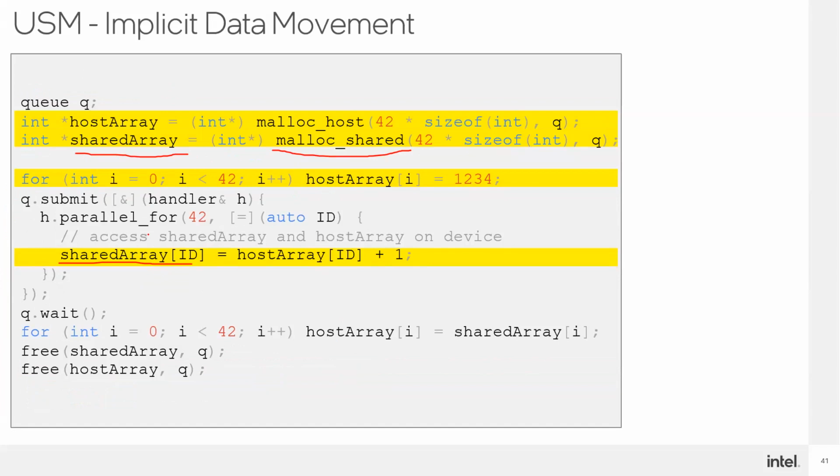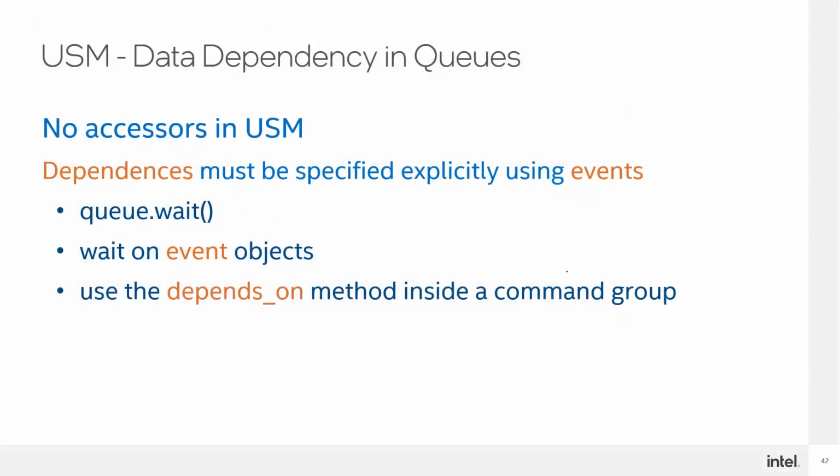So you don't need to block after memcpy, and that's why the code is simpler and there is more the runtime is doing for you than you need to care about, right? So there are more responsibilities for the runtime and more help from the runtime in this case. So I think that's basically almost it from my side. I also want to highlight that with USM, there are no accessors. That's why you will need to catch the dependencies using events.